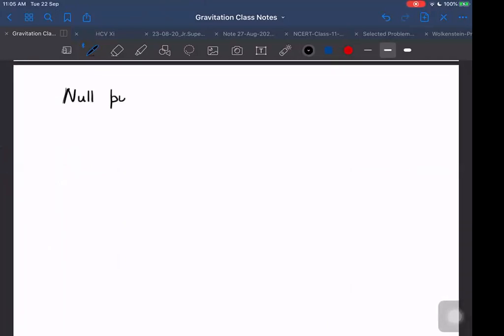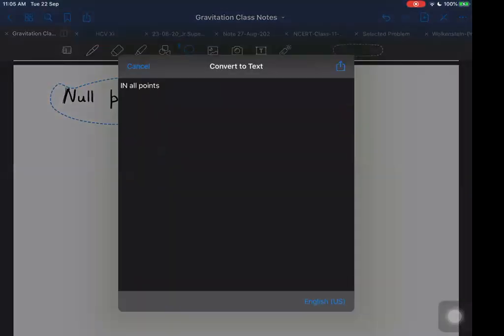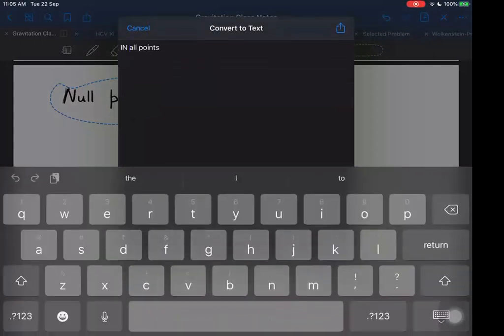Null points. The points where the net field is 0.